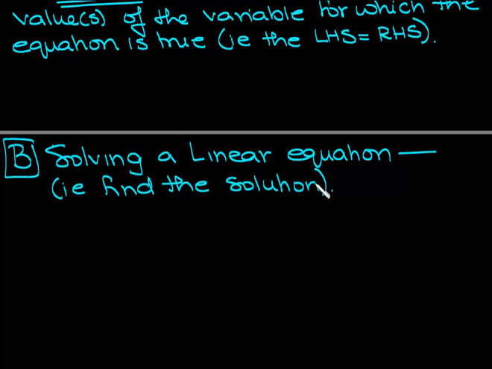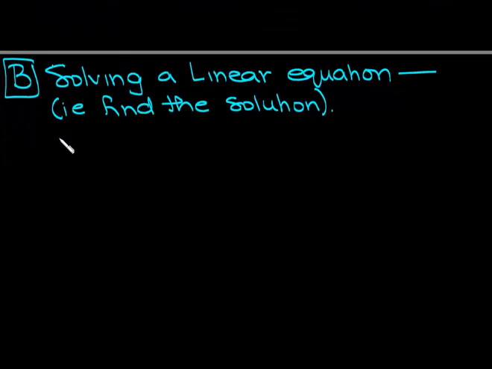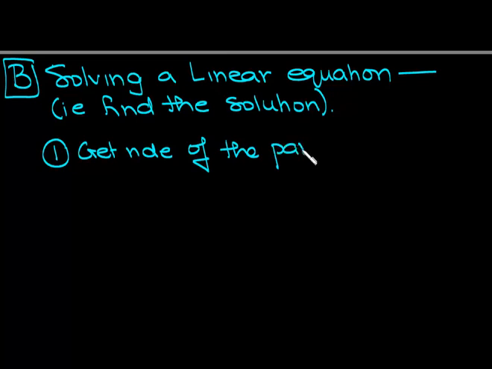Now to do this we need to follow a few simple steps. The first thing we want to do is get rid of the parentheses. Next, we want to get rid of the fractions.